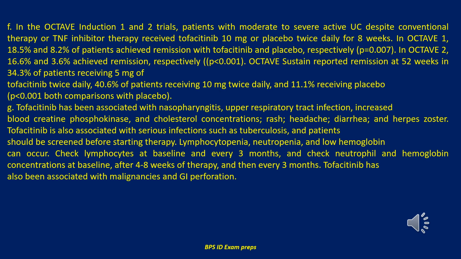Lymphocytopenia, neutropenia, and low hemoglobin can occur. Check lymphocytes at baseline and every 3 months, and check neutrophil and hemoglobin concentrations at baseline, after 4 to 8 weeks of therapy, and then every 3 months. Tofacitinib has also been associated with malignancies and GI perforation.